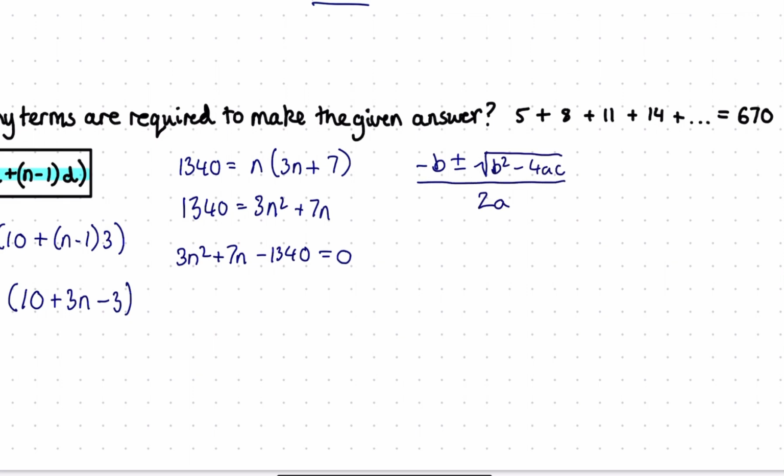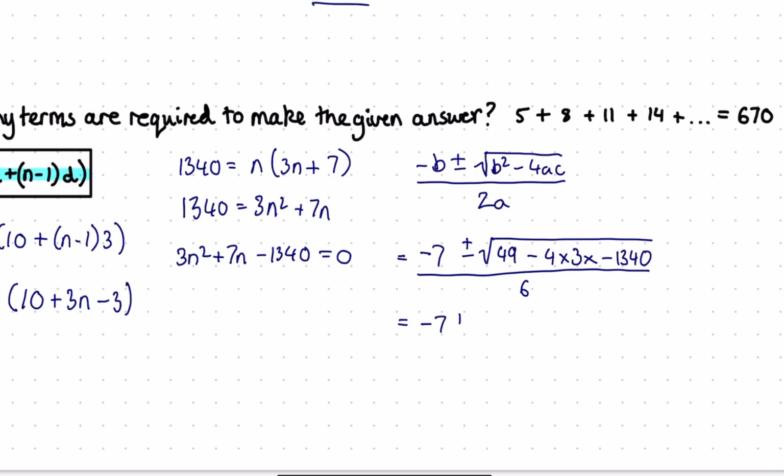So we get minus 7 plus or minus root 49 minus 4 times 3 times negative 1340 all over 6, which simplifies down to minus 7 plus or minus the square root of 16,129 all over 6, which gives us two answers, one being 20 and the other one being negative 22.3 recurring.